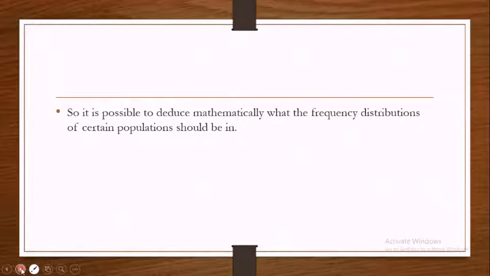Now, it is possible to deduce mathematically what the frequency distributions of certain populations should be. A cobbler or the restaurant owner may not be using the frequency distribution explicitly. If you take the case of a cobbler, he won't be using a technical term like frequency distribution to know how his customers' feet sizes vary, or what size he should manufacture.